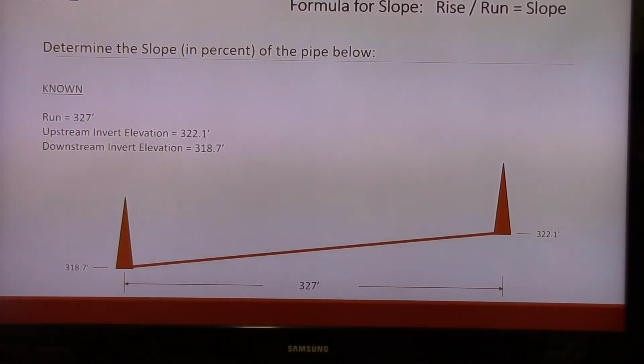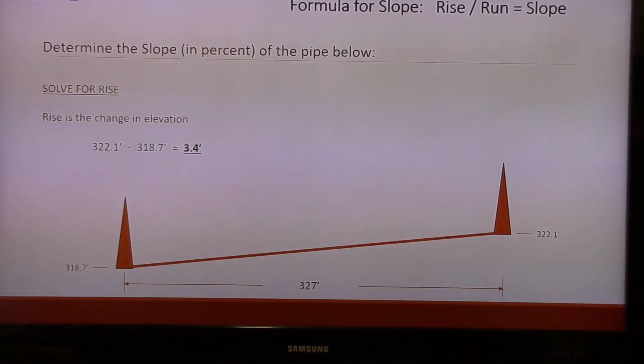Again, the run is 327 feet. The upstream invert elevation is 322.1 feet. The downstream invert elevation is 318.7 feet. So our unknown really is what is the rise, and then ultimately what is our percentage of slope. To get there, we're going to use the two invert elevations to determine the rise.